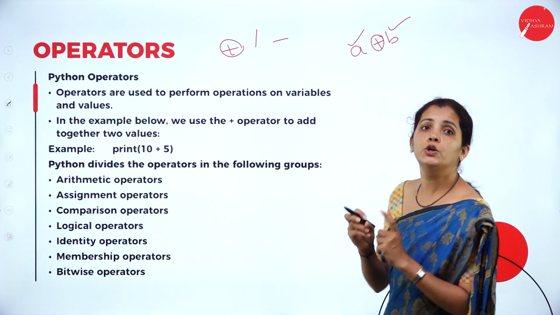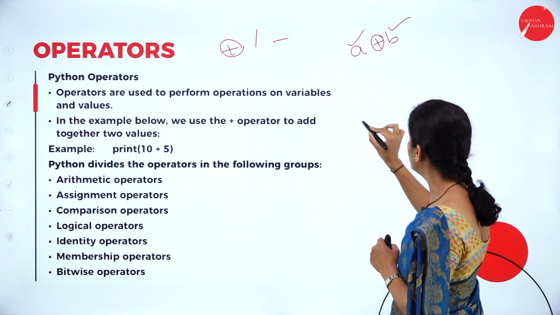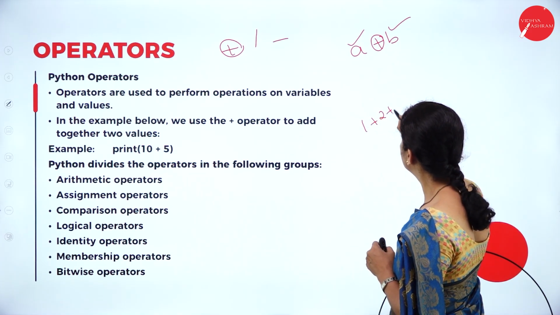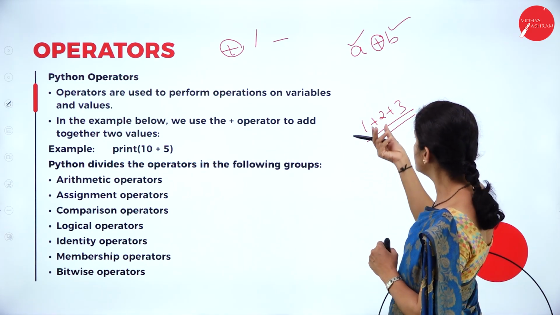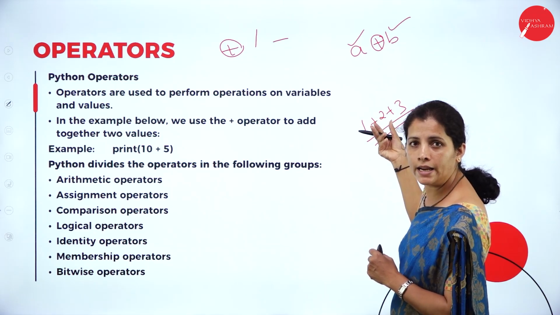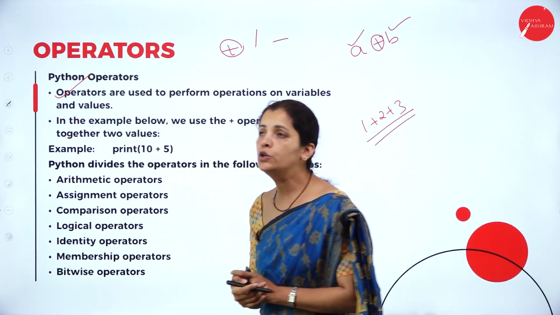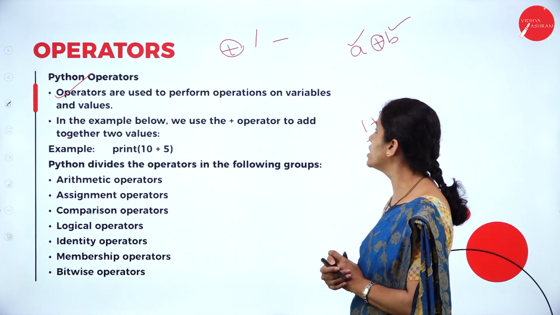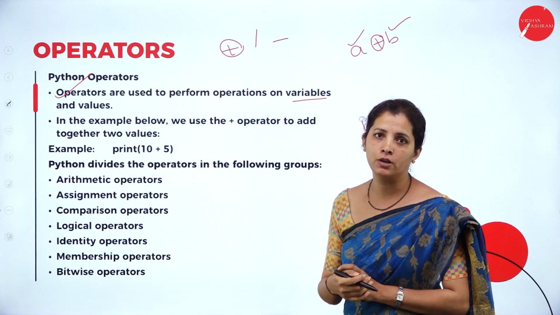And where am I going to use the operator? In my expression. If I write 1 plus 2 plus 3, this is an expression, a sequence of values. Agree, right? Okay, fine. Now, operators are used to perform operations on variables and values.